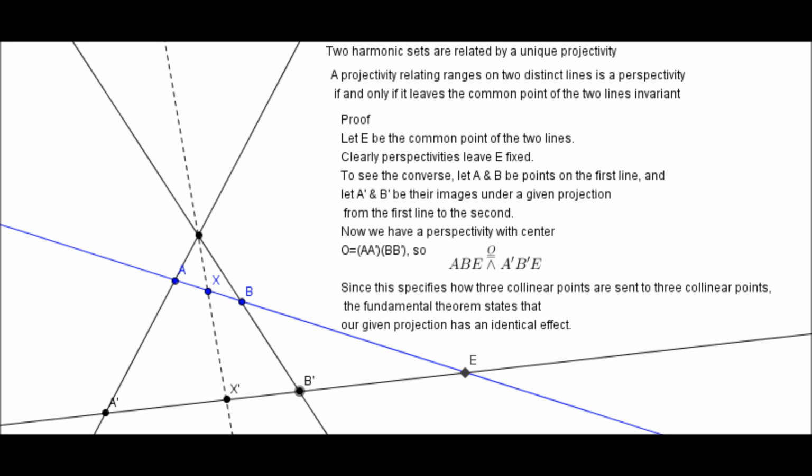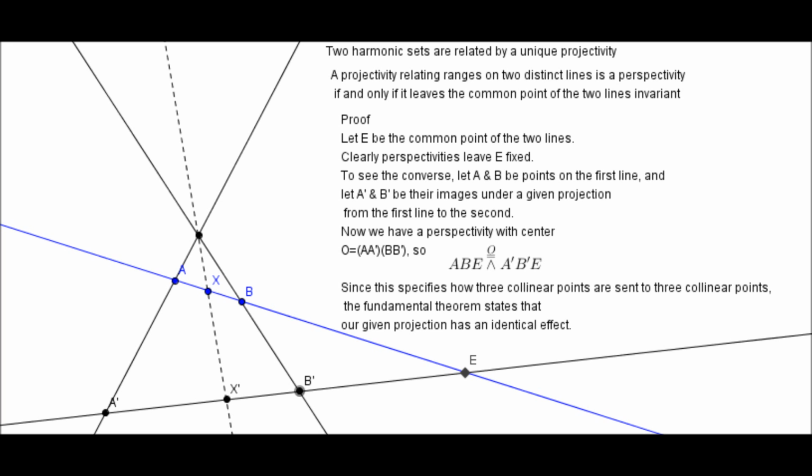And according to the fundamental theorem of projective geometry, there's only one projectivity that sends 3 points on one line to 3 points on another line. Specifying which triple gets sent to which triple is enough to uniquely define the projectivity at work.